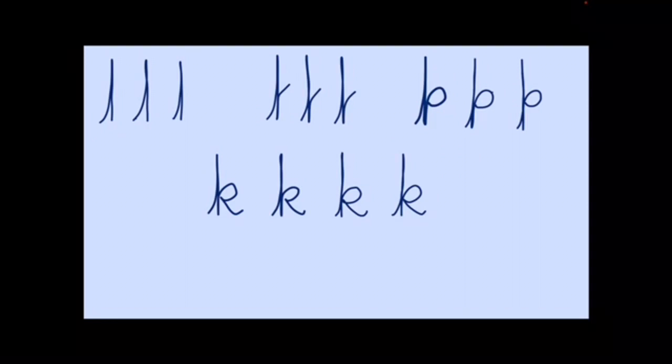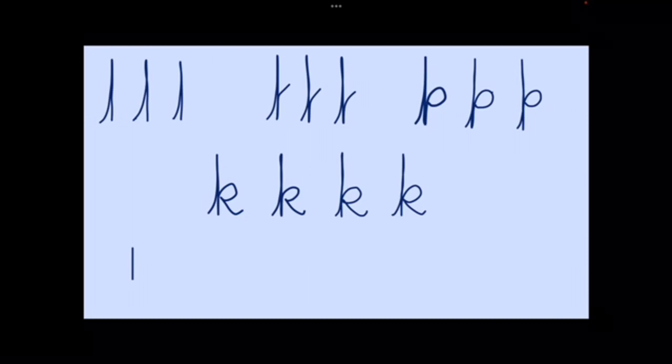Quite a lot to think about in this particular letter. Practice that a few more times if you'd like to, but remember, we will have lots of opportunities to practice. So don't worry. Let's take a look at a capital K.